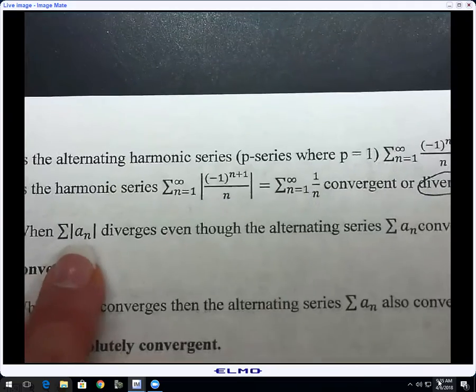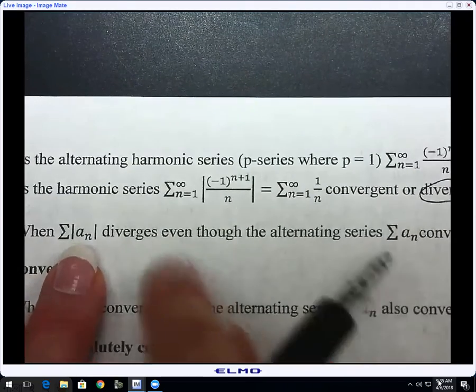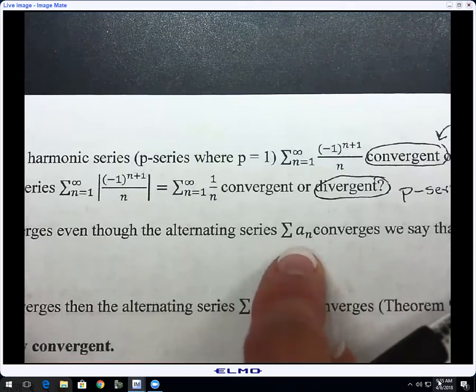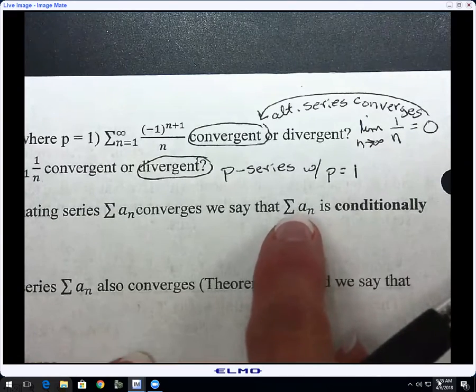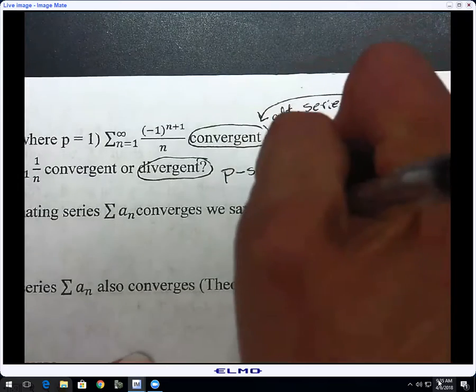When the absolute value series diverges, even though the alternating series converges by the alternating series test, then we say the alternating series, this is the alternating series.